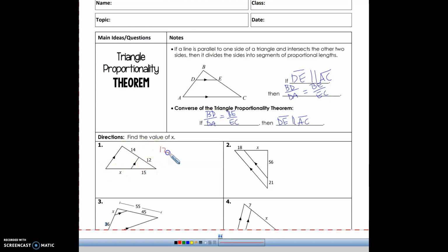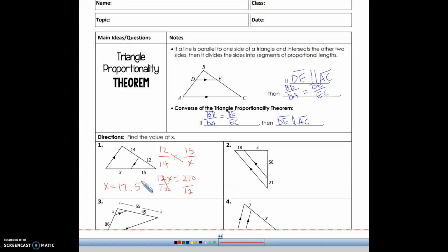So I can say 12 over 14 equals 15 over X. And then, like we've been doing, you would just cross multiply. 12 times X is 12X, and that would equal 14 times 15 is 210. Divide both sides by 12. And that means that X is 17.5. Remember, it is okay to get a decimal for a side length.